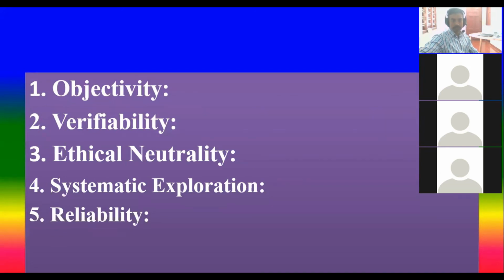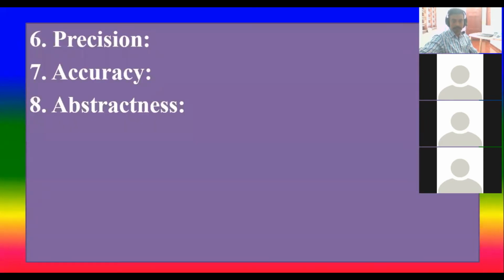Then reliability, reliable to everyone, which means generalization. Then precision, accuracy. Accuracy is one of the important characteristics. Then abstractness, change. Predictability.